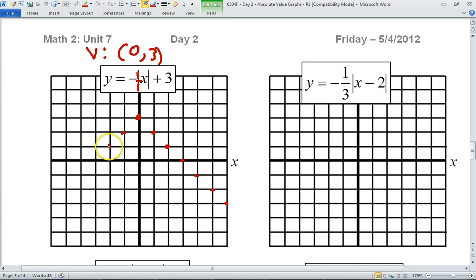And just make the V. The next one, the vertex is going to be 2, comma 0. Should be right here. The slope tells me down 1, right 3.